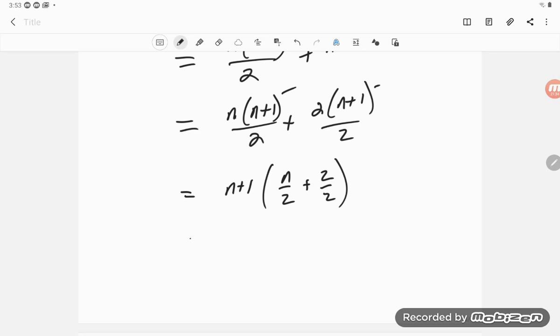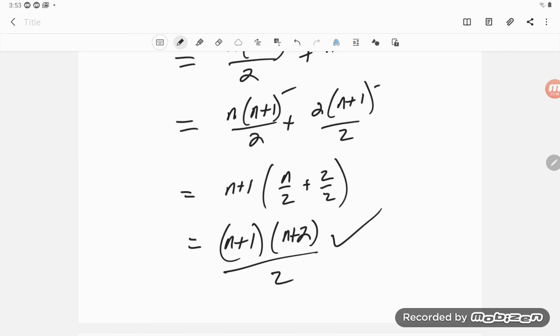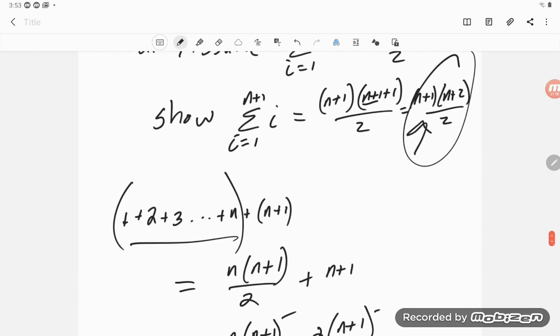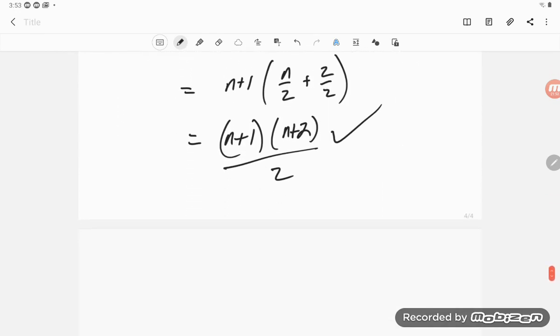Put those together, and I have n+1 times n+2 all over 2. And there we go. That was the form I needed to get. And so there my induction worked.